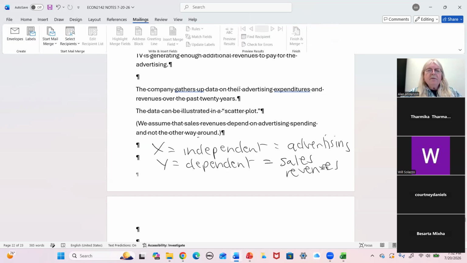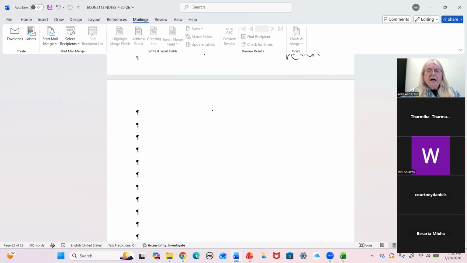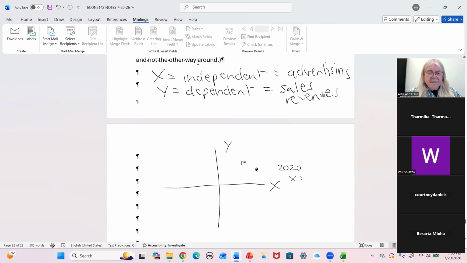So if you were to plot this data, scatter plot, each point represents 1 year's worth of data. Like here, for example, could be 2020, where X is... we assume that these are both measured in millions of dollars, let's say.